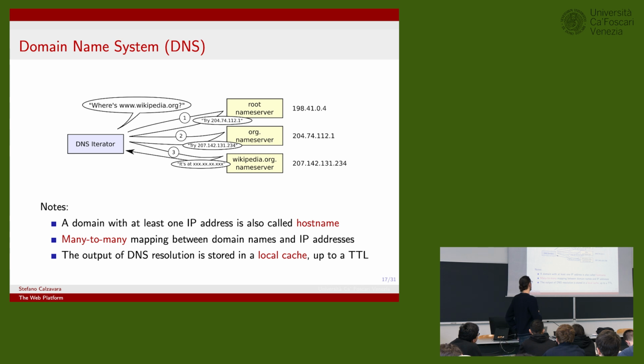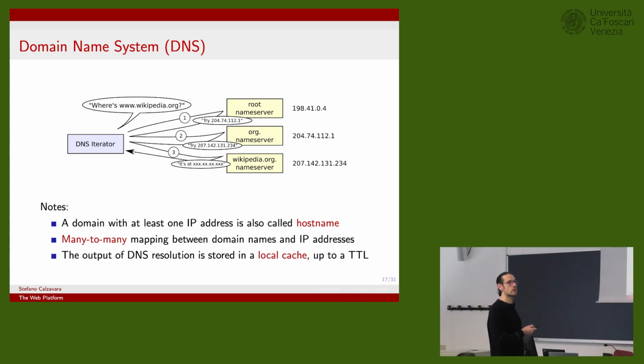So the DNS iterator knows the IP address of what is called a root name server, like 198.41.0.4. So whenever you want to learn what is the IP address of www.wikipedia.org, you try to contact the root name server. And you ask about the corresponding IP address.